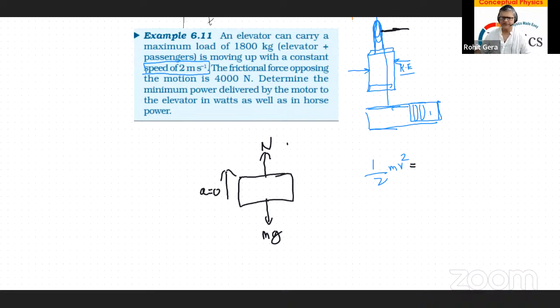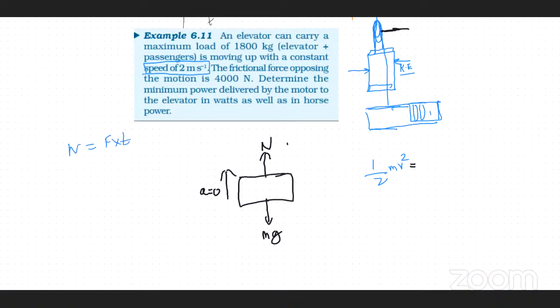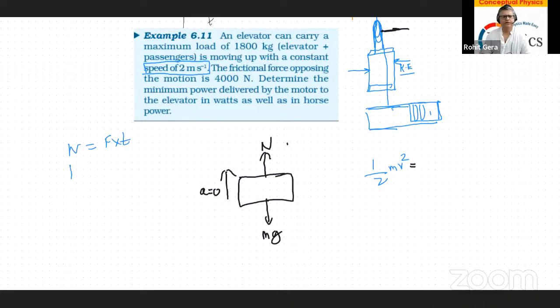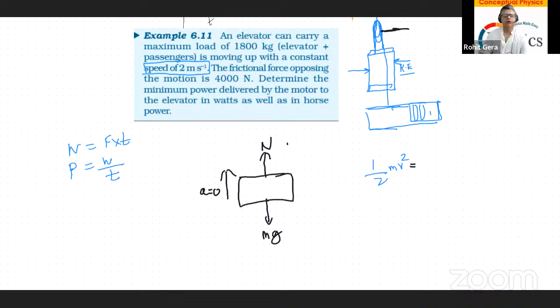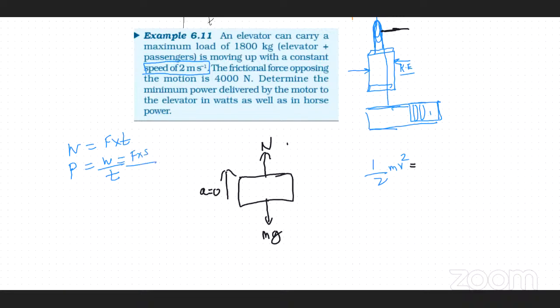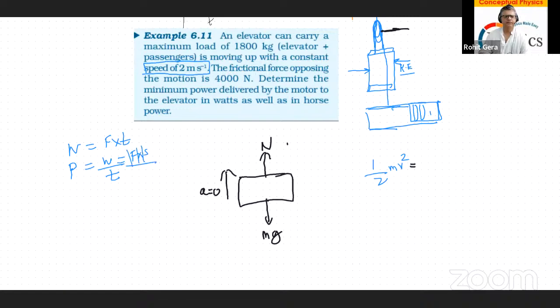So if you notice, work done is given by F into S, right? Yes. And the power is W by T, right? तो जो work done होता है, that is F into S. Obviously, I'm assuming cos 0 है, okay?